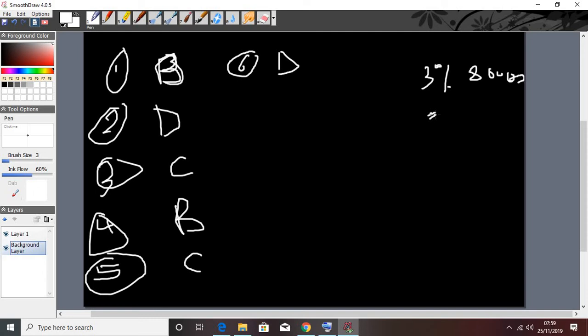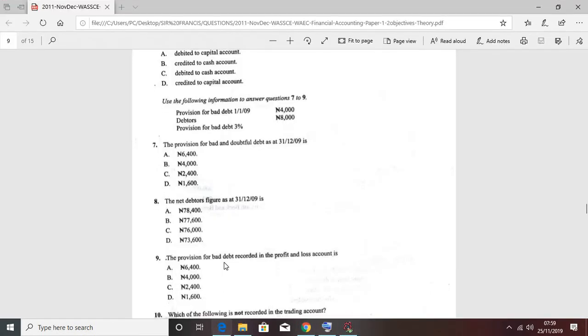So 3%, let me use my calculator. 3% of 80,000 will give me 2,400. Sorry, for 4,000 naira, this is the provision for that.